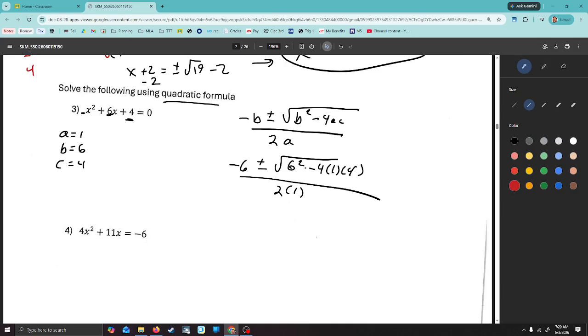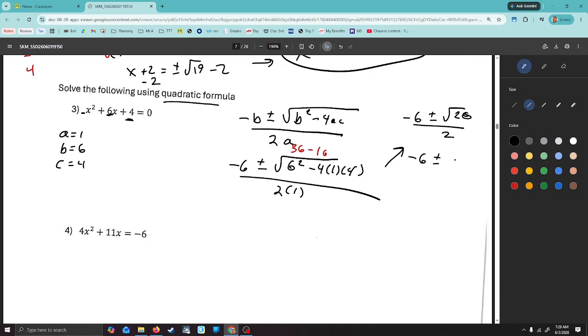I do the math in the square root first, honestly. So this is 36 minus 16. So negative 6 plus or minus the square root of 20, over 2. Then to clean this up, I have to break down the square root of 20, just like we did in the previous test.